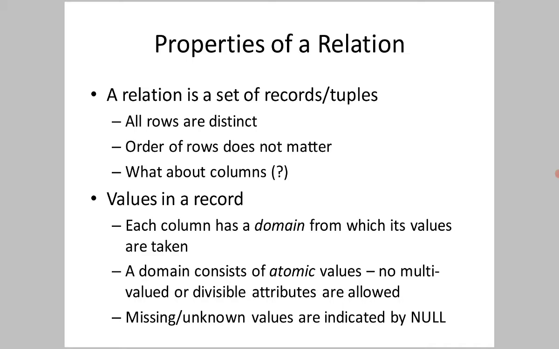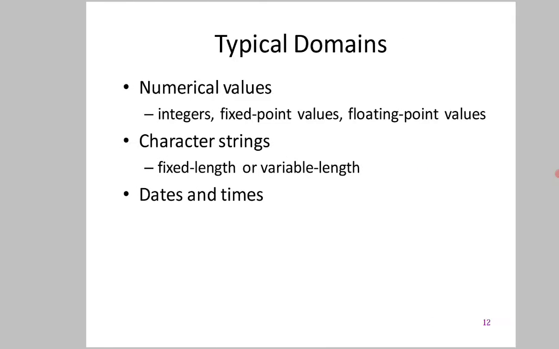A domain is nothing but a collection of values in a field or column. A domain consists of atomic values, and similarly some values in the domain are null or blank.